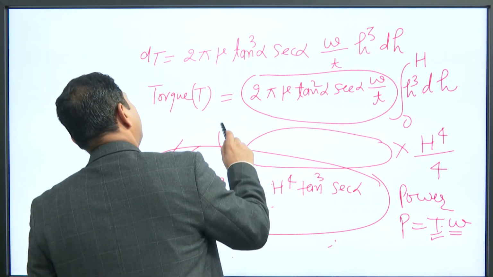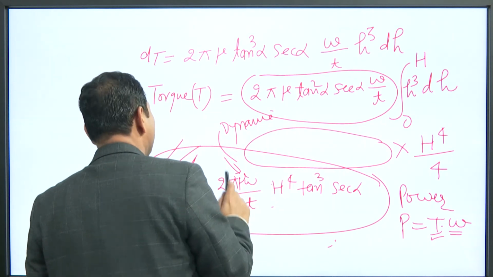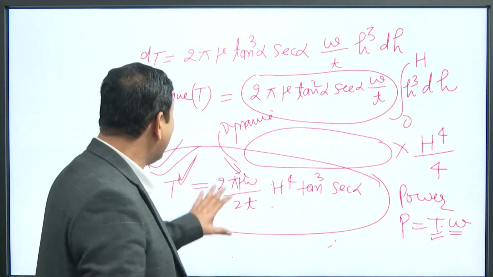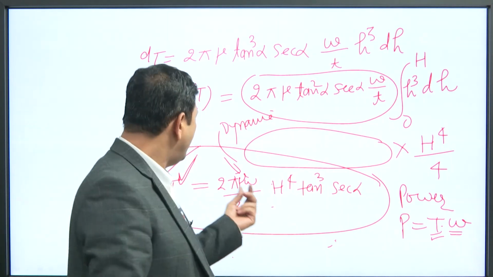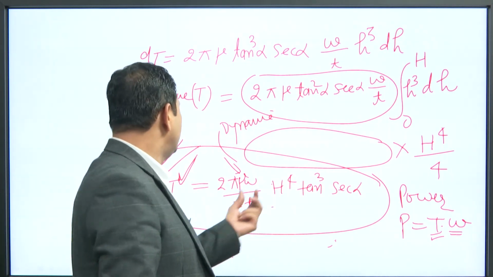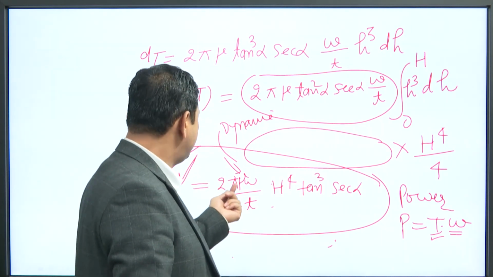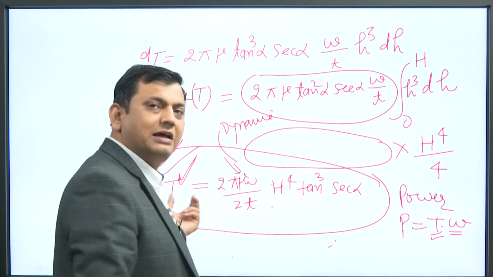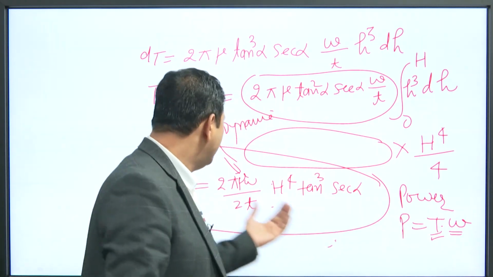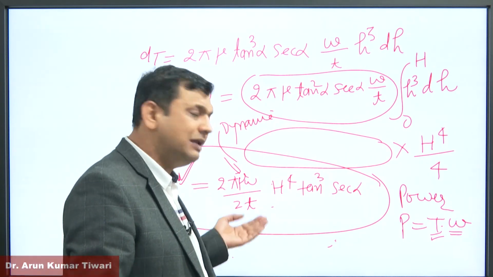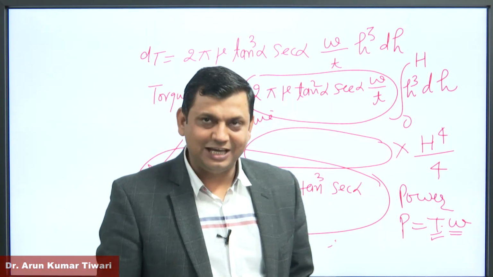Our problem is to calculate the dynamic viscosity. Alpha, h and t, the thickness, are known, and omega is known. We calculated the torque from power equals T into omega, and on that basis we calculate the dynamic viscosity. So, thank you.